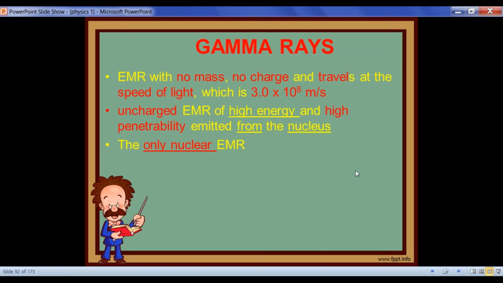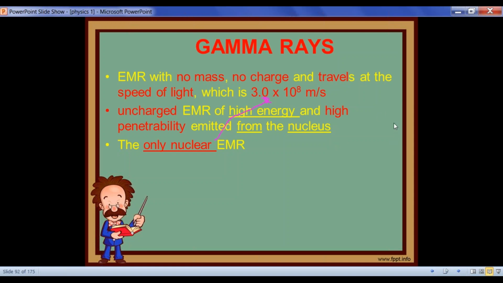Dahil ang gamma rays hindi siya particulate, it is considered as electromagnetic radiation dahil ang kanyang pinaka-characteristic para maging electromagnetic radiation ay ito. It travels at the speed of light.